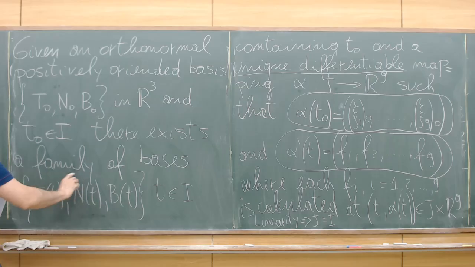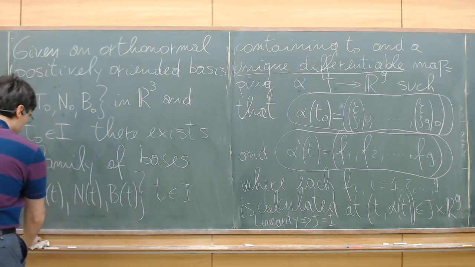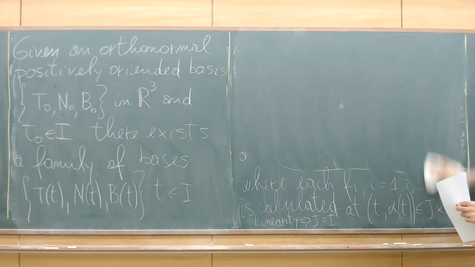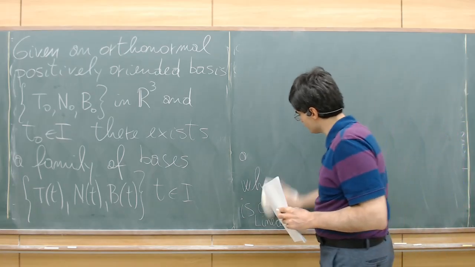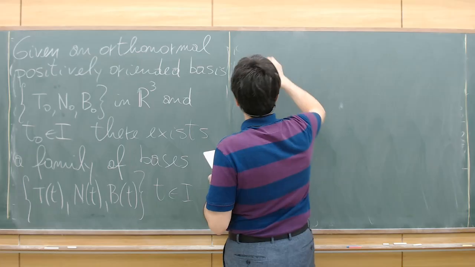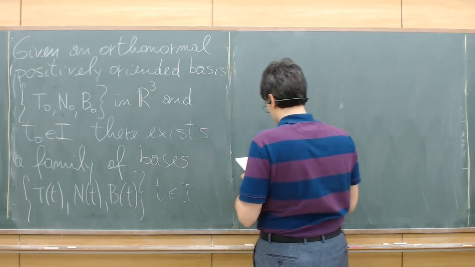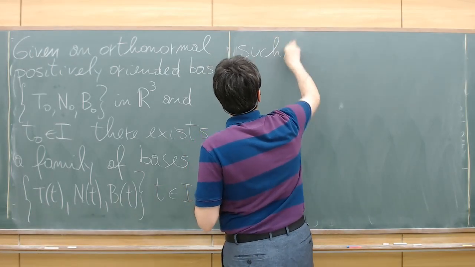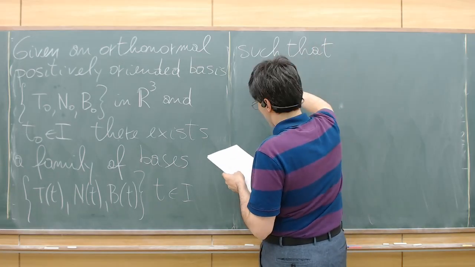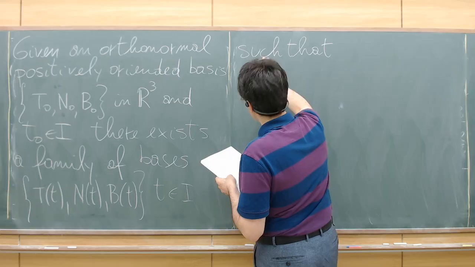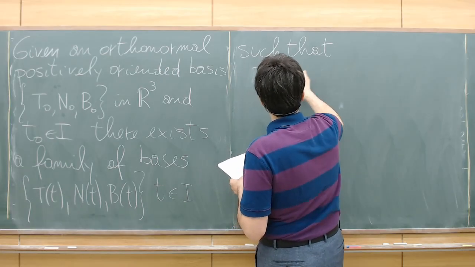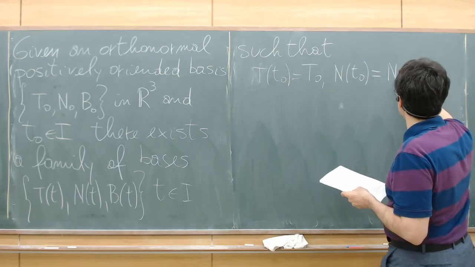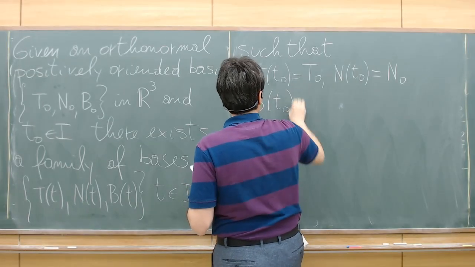So I think of it as a family of bases depending on this parameter, and this family of bases satisfies the following initial condition: T(t0) is equal to T0, N(t0) is equal to N0 and B(t0) is equal to B0.